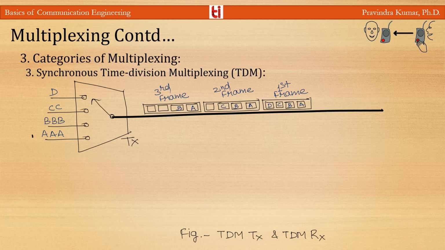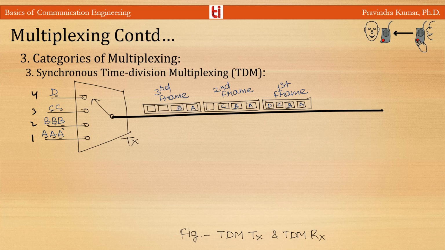You can see here in this figure that there are four sources, and source one has data to transmit A, A, second has B, B, B, third has C, C, and fourth has D. So it is going to scan one by one.